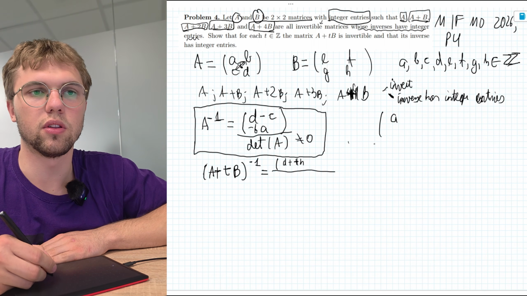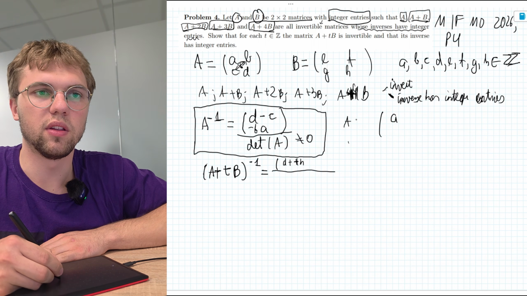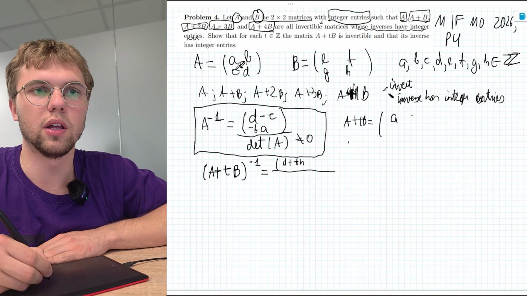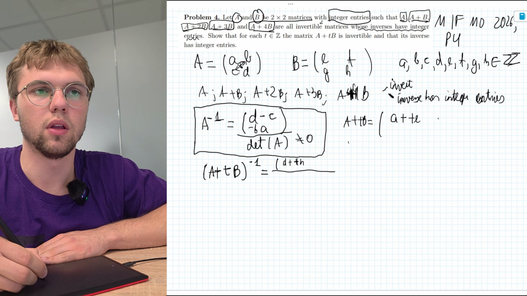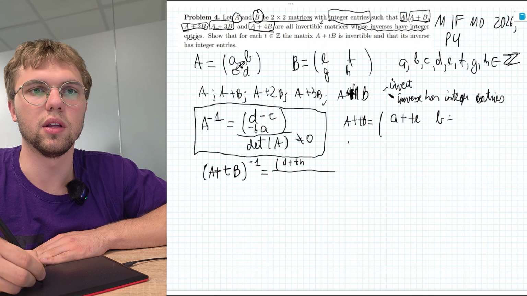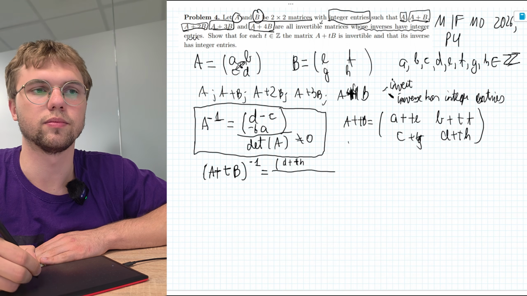Or maybe I'll just write out the A plus tB matrix: a plus te, here we would have b plus tf, c plus tg, and d plus th.